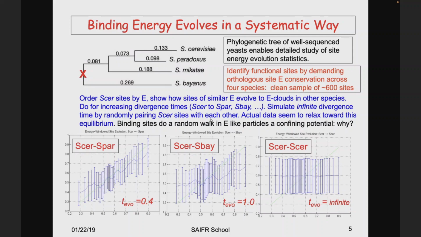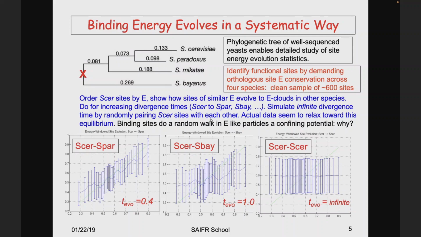And what you discover is what I'm showing you on the bottom line there. Basically, for any given energy in one species, the sites that you've identified that belong in this energy bin will be found at different energies in the other species, in Bianus, let's say. So what I'm doing there is bin by bin in Serrapilheira, and I haven't quite identified the size of the bin, but it's an energy bin.